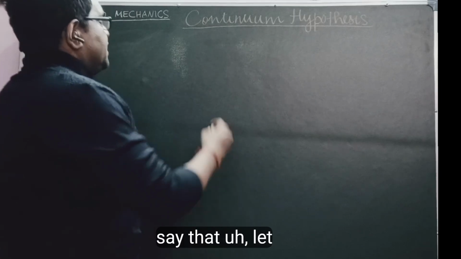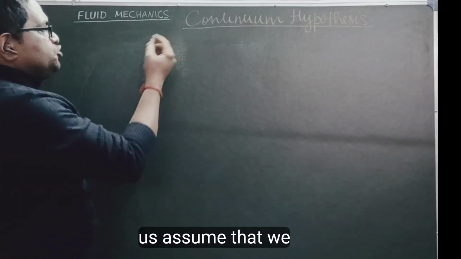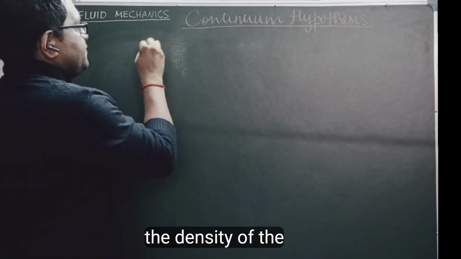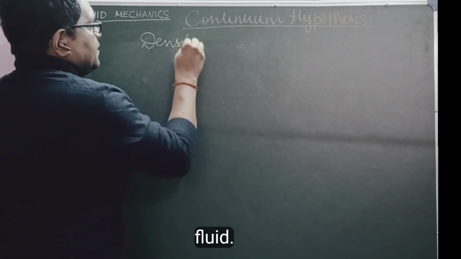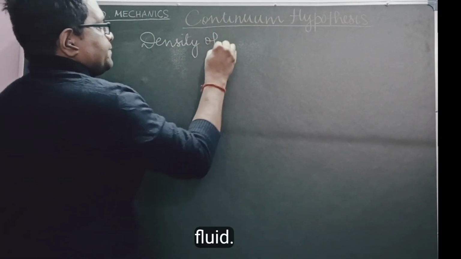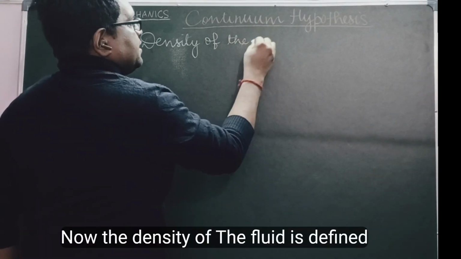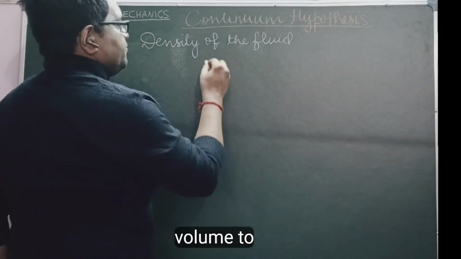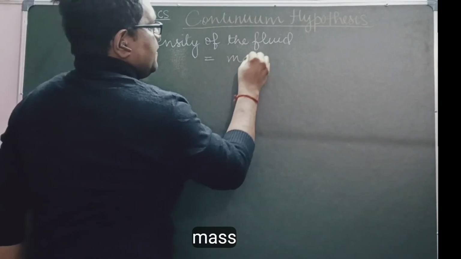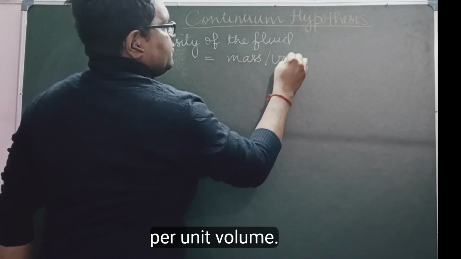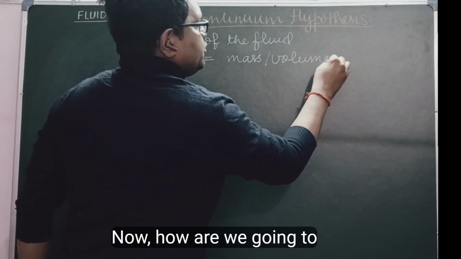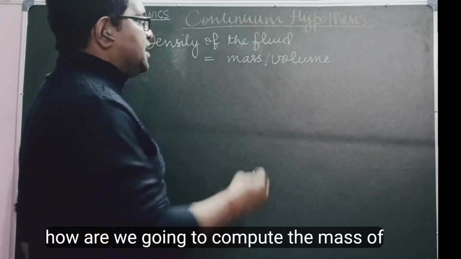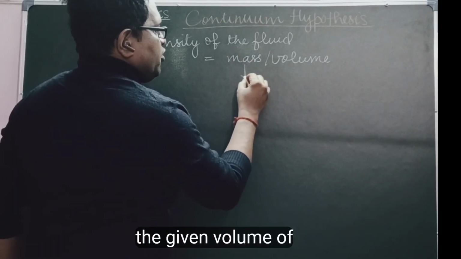Let us assume that we are interested in computing the density of the fluid. The density of the fluid is defined as mass per unit volume. Now, how are we going to compute the mass of the given volume of fluid?